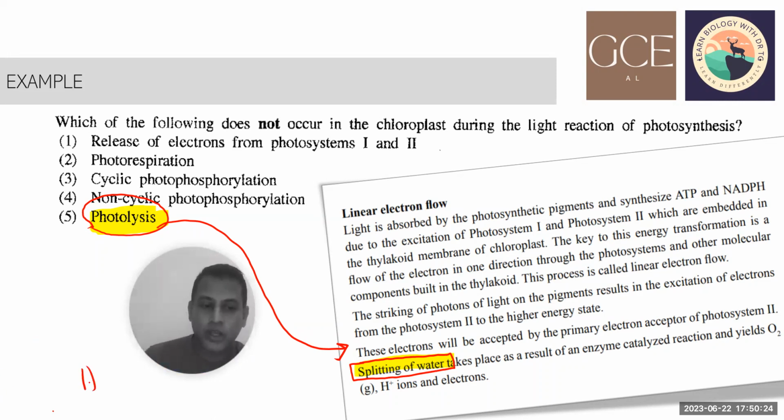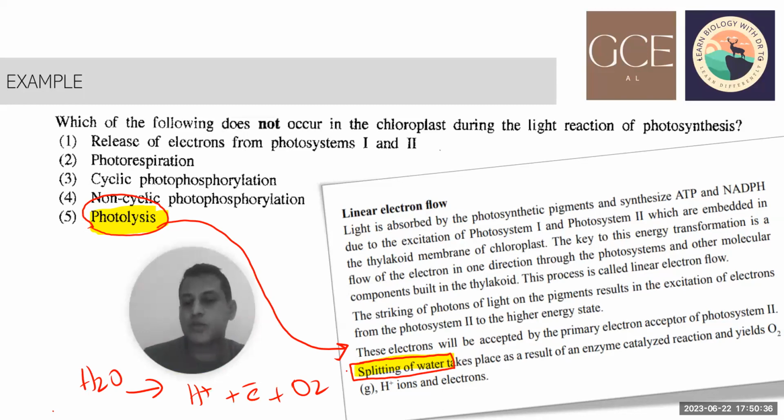So the water molecule breaks down into proton, electron, and oxygen. This is the reaction. The reaction is called photolysis, and it is also called splitting of water. Now imagine when you sit for the exam, the first time you're going to see this word. How do you know this is splitting of water? You don't know this word.